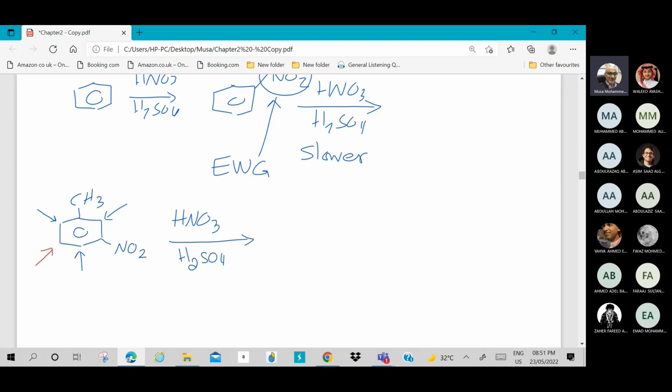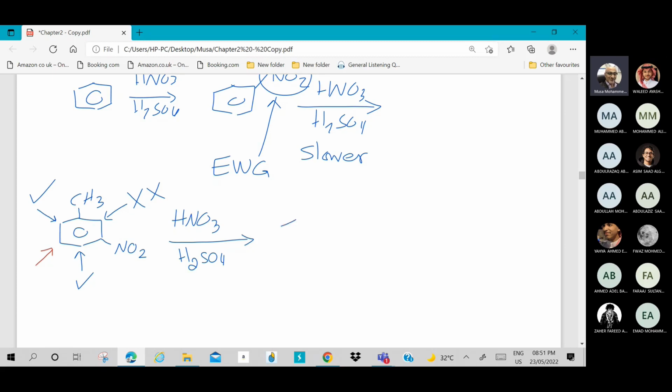That's first rule. Second, you do not put a substituent between two substituents. So this side, I will not look at it. Okay? Because here we have steric factor that will say that I don't want to be between two groups. So this means the reaction will go in this position and in this position, which are ortho and para. Of course, this is a problem that is associated with the electrophilic aromatic substitution reactions, that sometimes you cannot get a single product.